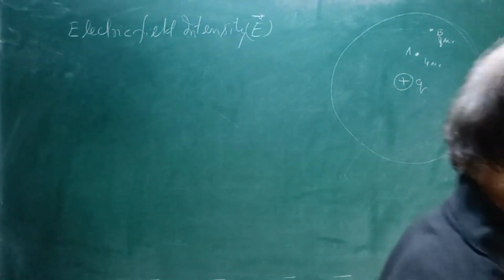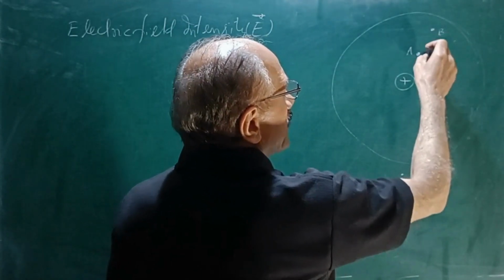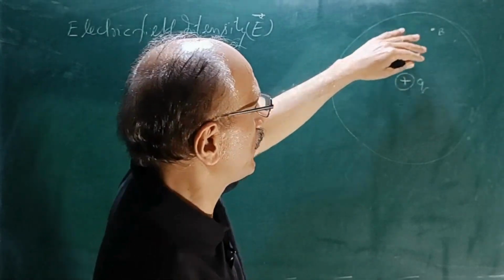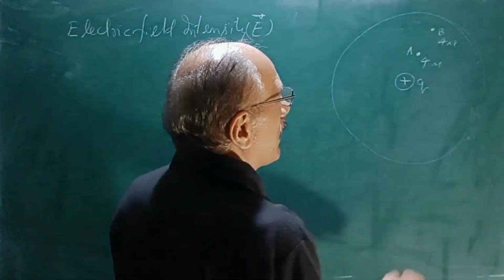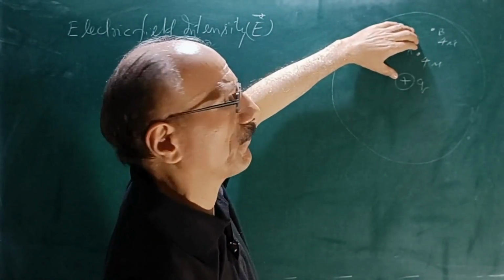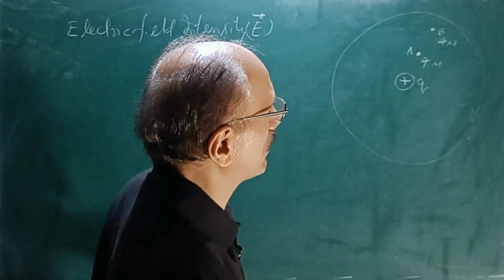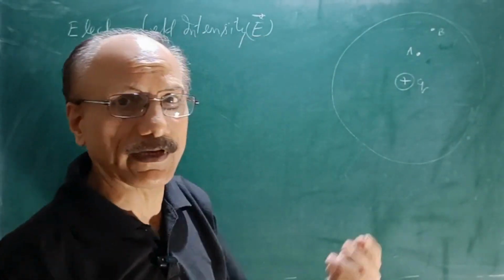So what is to be done? If we are comparing, then the magnitude of the charge must be the same. If you take 4 microcoulomb here and 4 microcoulomb here, then you will compare. Definitely here the force will be large as compared to this. But why 4 microcoulomb, why not 5 microcoulomb, why not 10 micro?